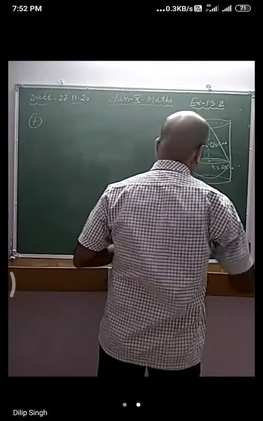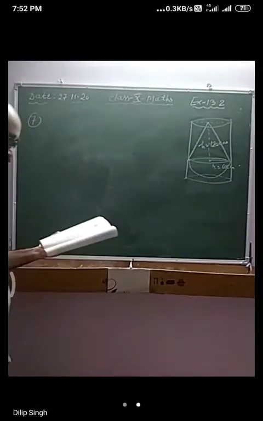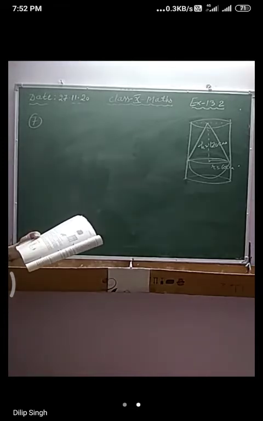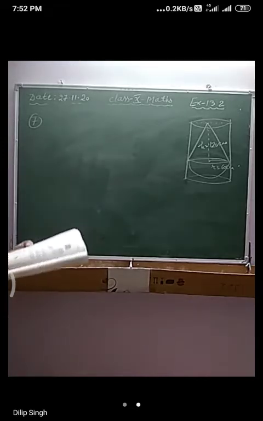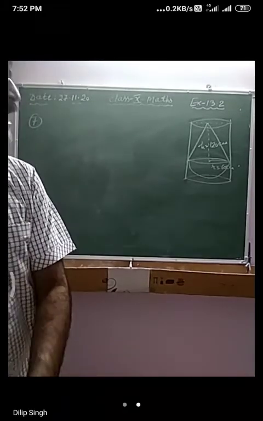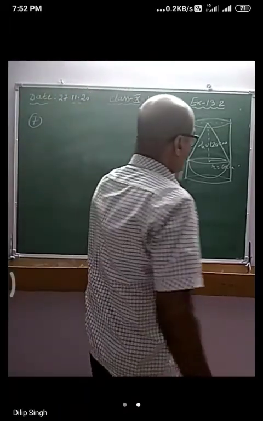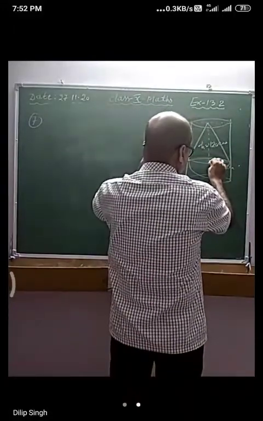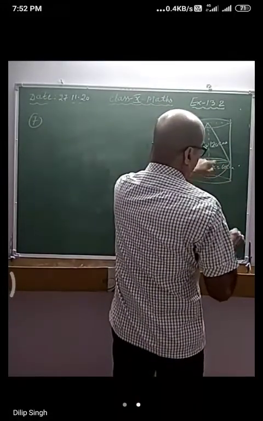right. Then find the volume of water left in the cylinder if the radius of the cylinder is 60 centimeter and the height of the cylinder, what will it be? Now the height of this bigger cylinder in which this is placed, that is 120 and this is 60, that is 180.